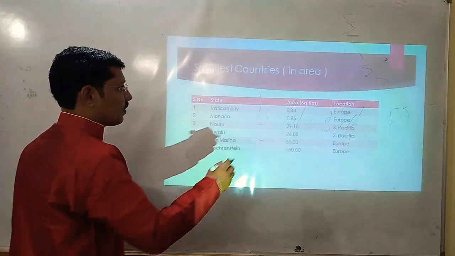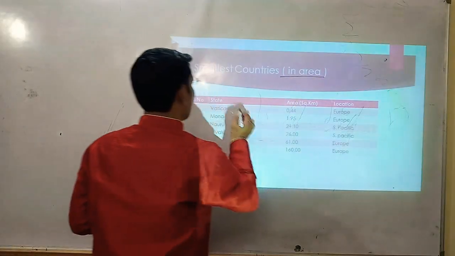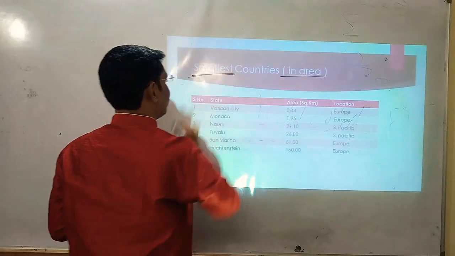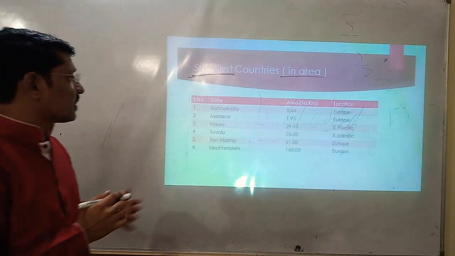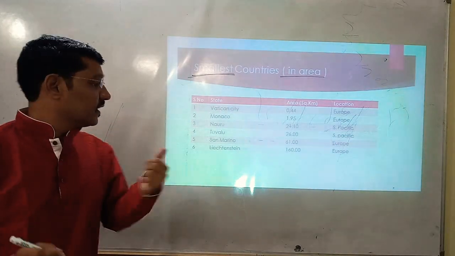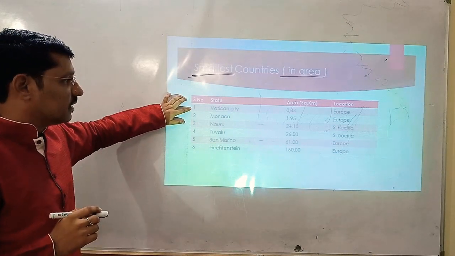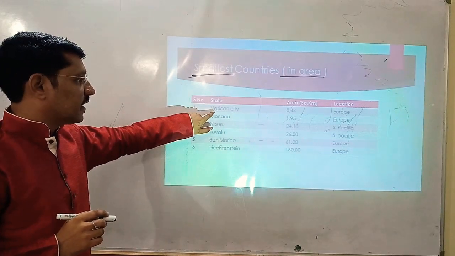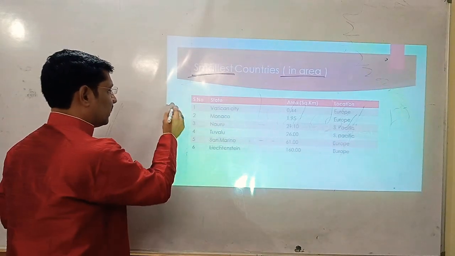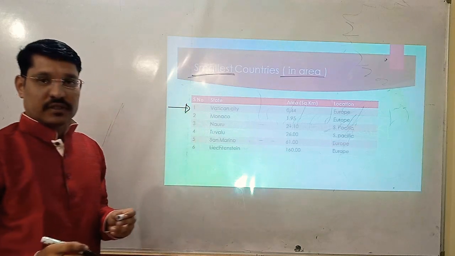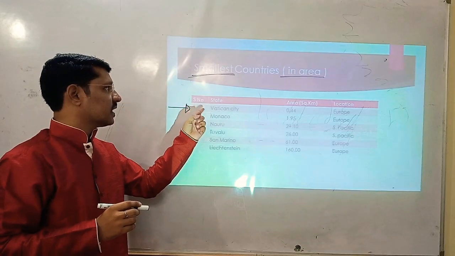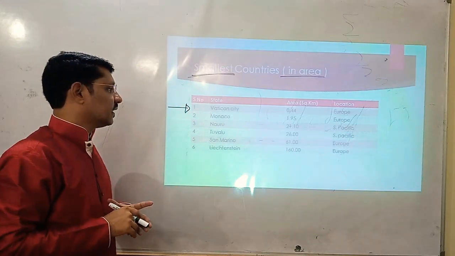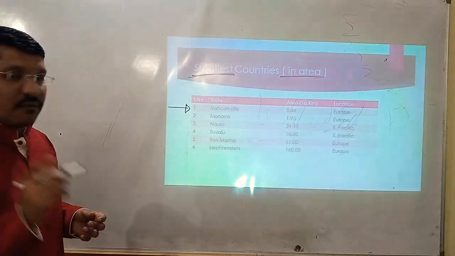In earlier videos we saw which is the biggest. Now we are going to the smallest countries. The first smallest country in the world is Vatican City. It's the most important topic for competitive examinations. Most competitive examinations highlight which is the smallest country, and the smallest country is Vatican City.